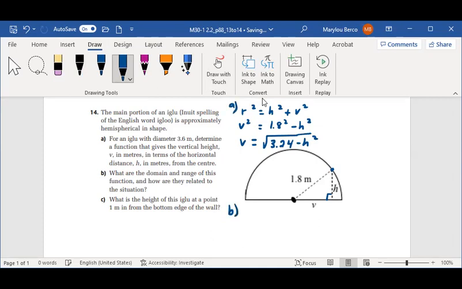For B, what are the domain and range of this function and how are they related to the situation? Well, the domain is h such that h is between 0 and 1.8, and the range is between 0 and 1.8.